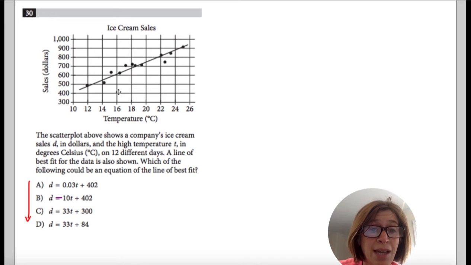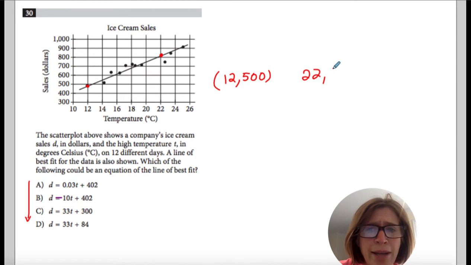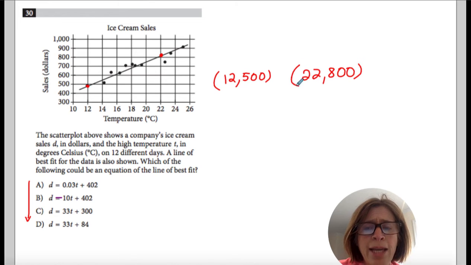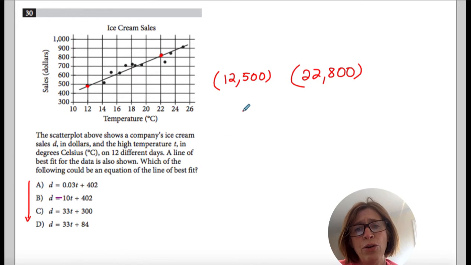So I'm actually just going to use the line of best fit. I'm going to pick some points on the line, and I'm going to probably estimate them. Really, like I might say this point right here is 12, 500, and maybe this point right here is 22, 800. Okay, so I'm going to calculate my slope. So I'm going to do my change in y over my change in x.